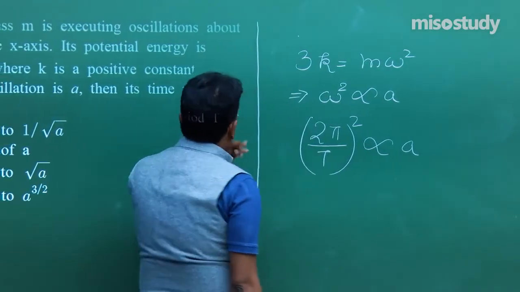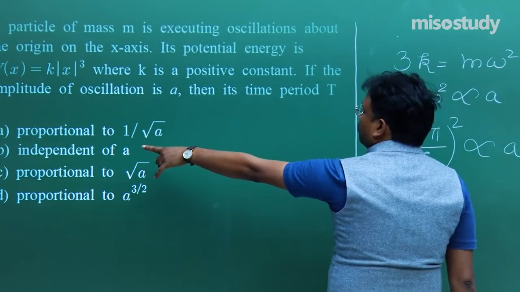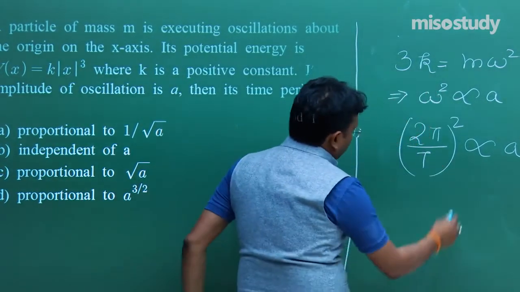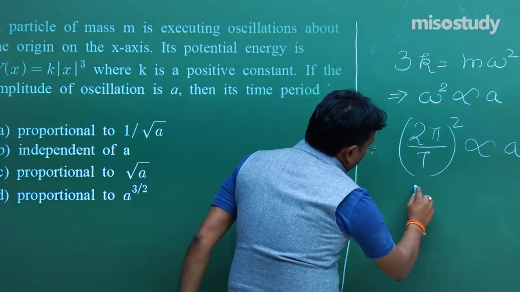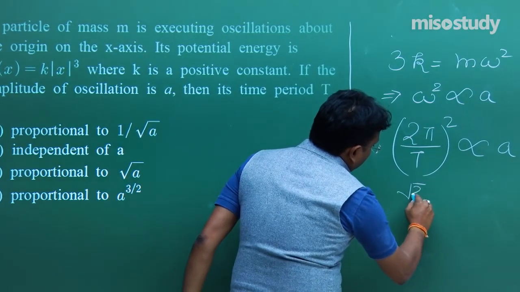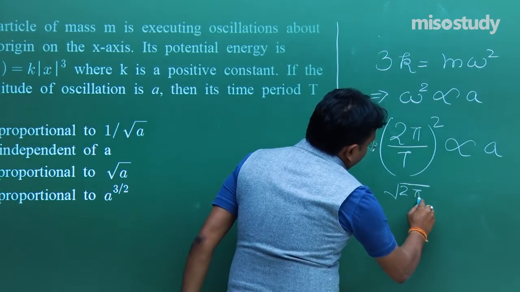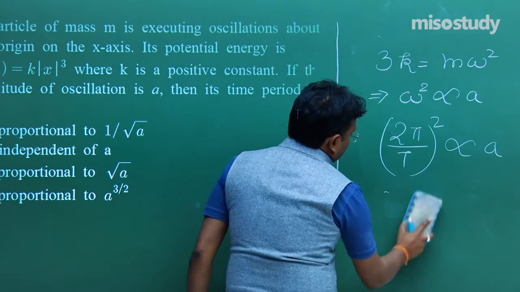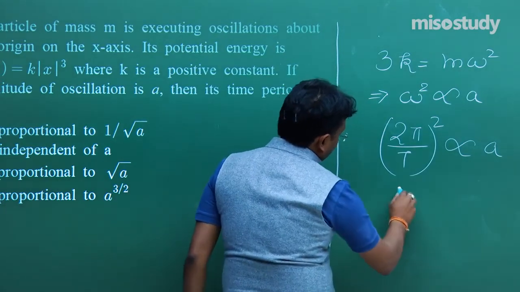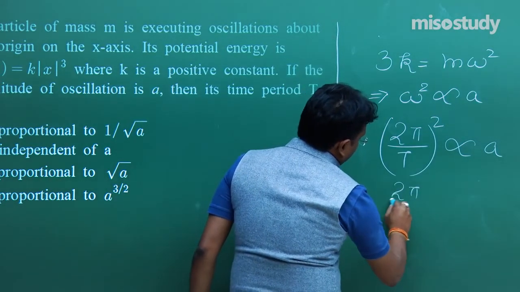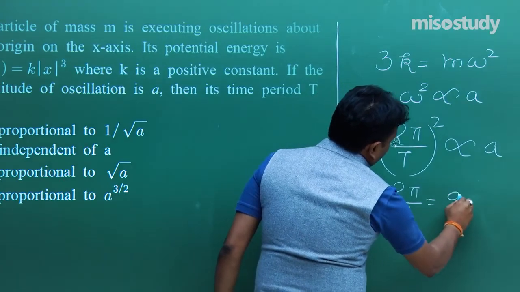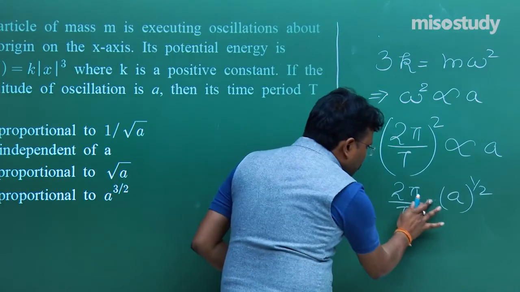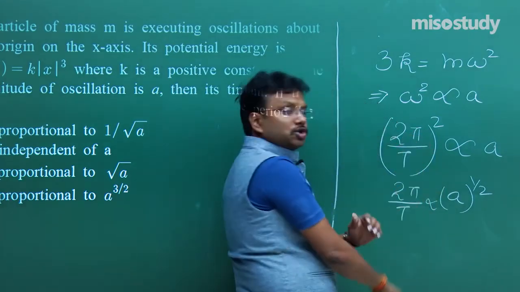So what will be the result? You can find out. It's going to be proportional to 1 upon root a. How? 2 pi upon T is equal to a whole to the power 1 by 2, not is equal to, proportional to.